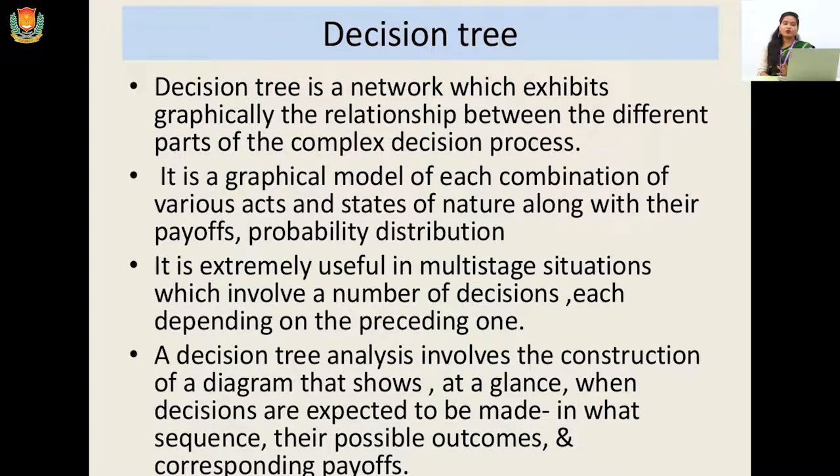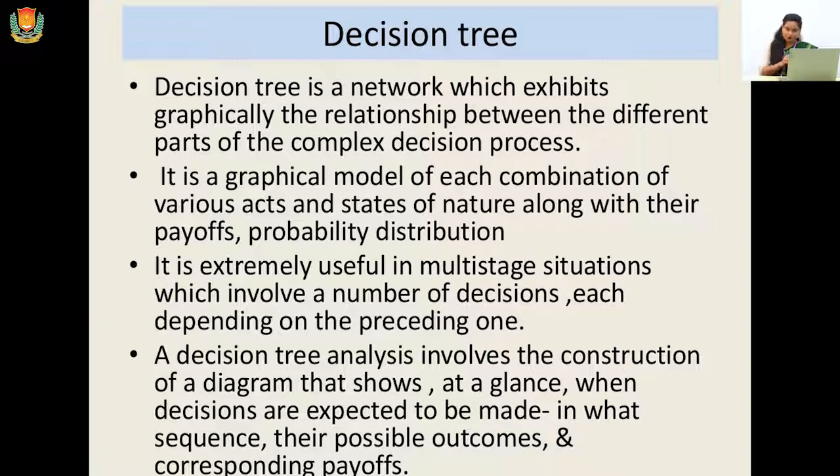So a decision tree is basically a network or diagrammatic problem, where you can explain the relationship according to the graphical presentation, because these are complex decision processes in the market. It is a graphical model for each combination of your strategies, where you have different states of nature, which will give you the payoff probability distributions.